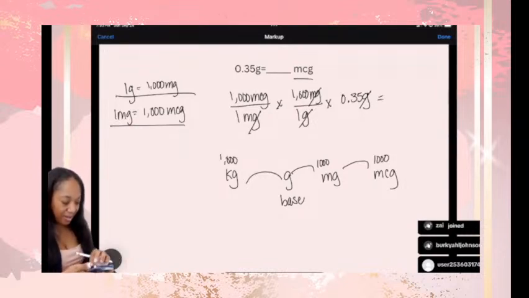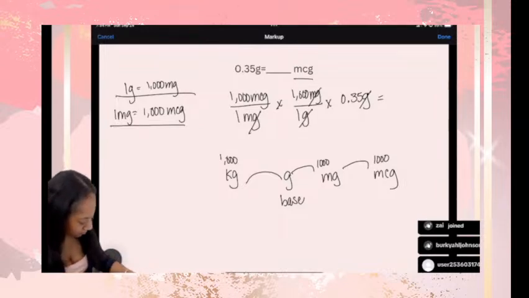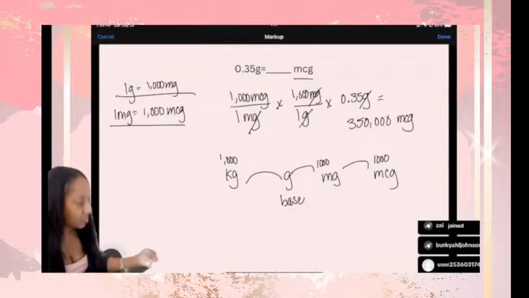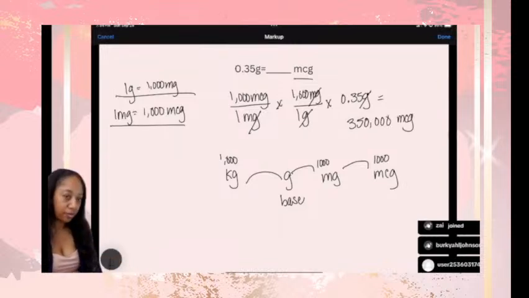The bottom is 1 times 1 times 1, which is 1. So 1,000 times 1,000, which is a million, times 0.35. That is how many micrograms, okay?